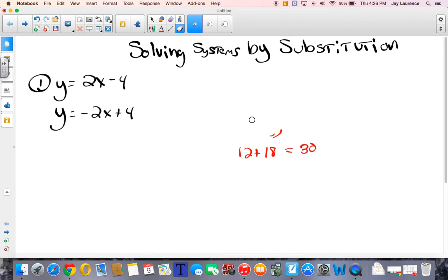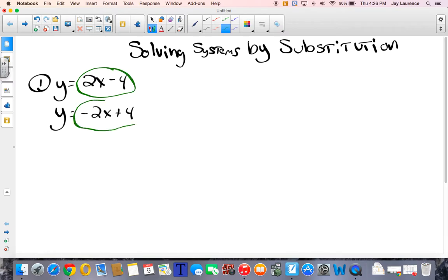Okay? So check out these two equations over here. We've got y equals 2x minus 4. We also have y equals negative 2x plus 4. That means that this and this are equal to each other. Sure they are. If this is equal to y and y is equal to that, remember the transitive property: a equals b, b equals c, then a must equal c.